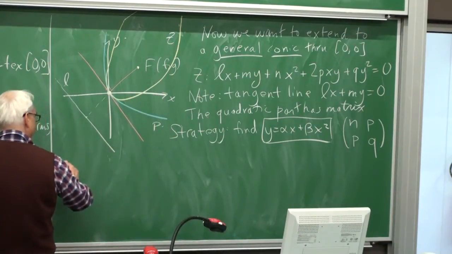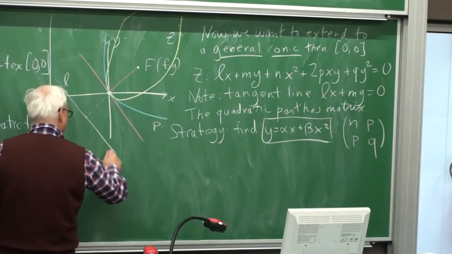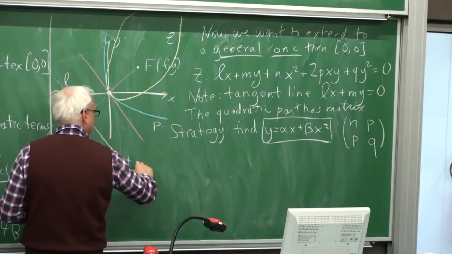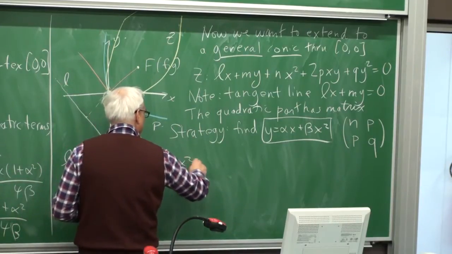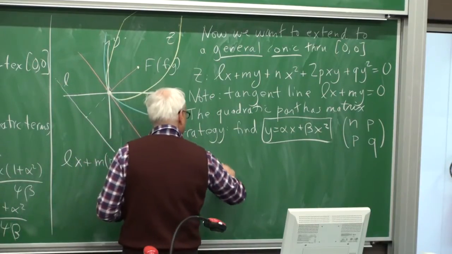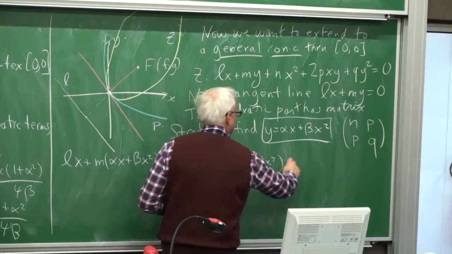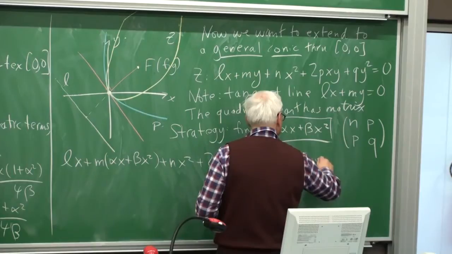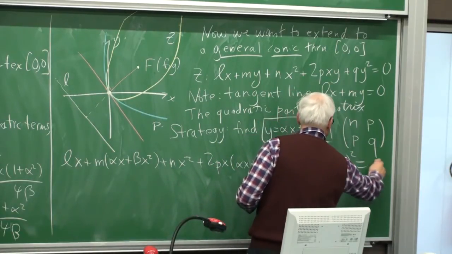We'll plug in, and we'll get L times x plus m times y, which is going to be alpha x plus beta x squared, and then plus nx squared plus 2px times alpha x plus beta x squared, and plus q times alpha x plus beta x squared, all squared, should equal 0.